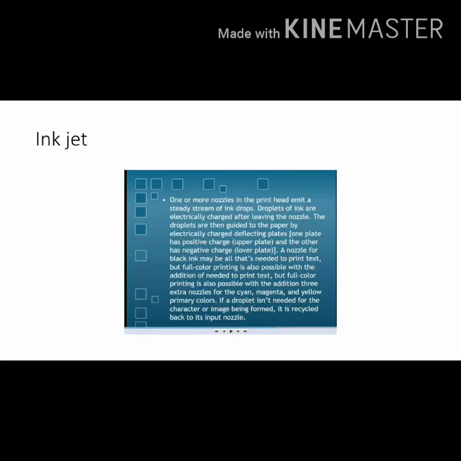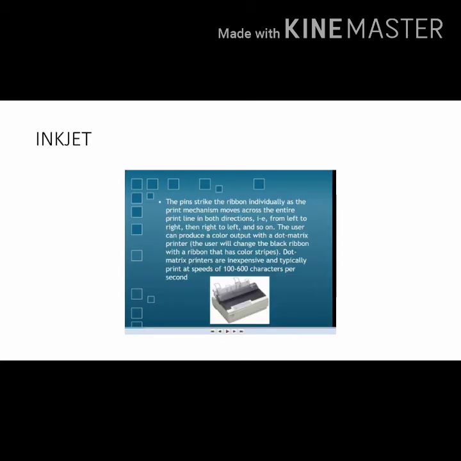Inkjet printers form characters on paper by spraying ink from tiny nozzles through an electrical field that arranges the charged ink particles into characters at the rate of approximately 250 characters per second. The ink is absorbed in the paper and dries instantly. Various colors of ink can be used.